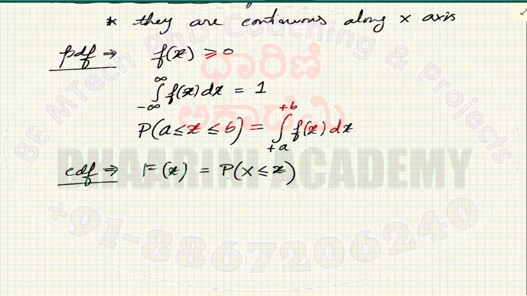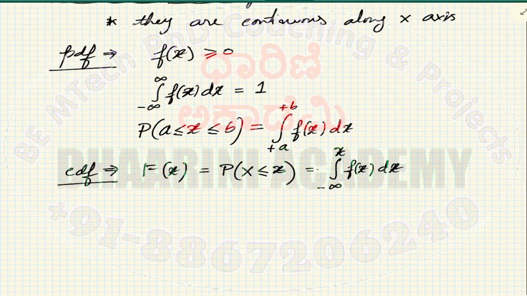This x can be 3, 4, 3.5, 8, anything. The probability that a random variable takes a value less than or equal to that specified x is called the CDF. Our function starts from minus infinity, so to calculate this probability you need to integrate f of x dx from minus infinity till x.